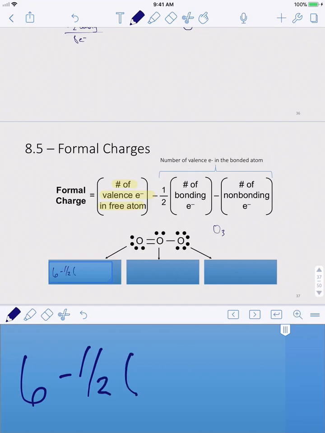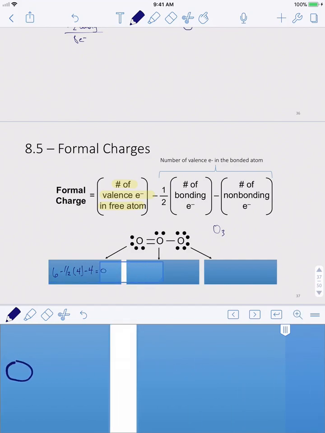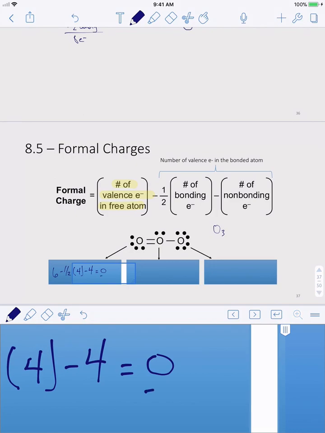So here in this molecule, we have 4 electrons in bonding for a double bond. And we also subtract out the non-bonding electrons. Well, there are 4. There are 2 pairs of non-bonding electrons. So 6 minus 2 minus 4 is 0. So the formal charge on that first oxygen is 0.